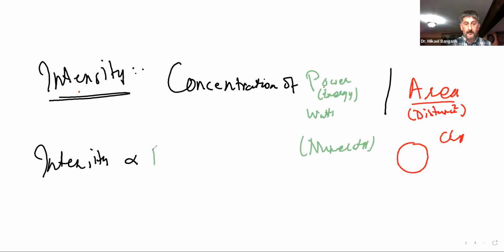They're going to be directly proportional. And please keep in mind that to establish that relationship, we keep the area constant. That's how we will be able to see the direct relationship between the intensity of a beam and the power of that beam.